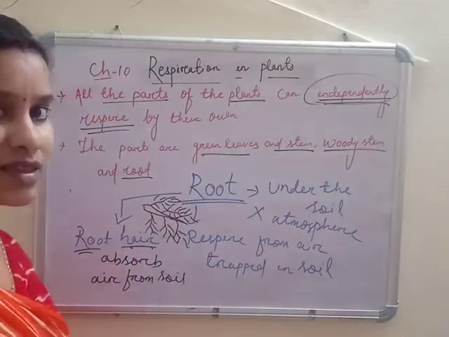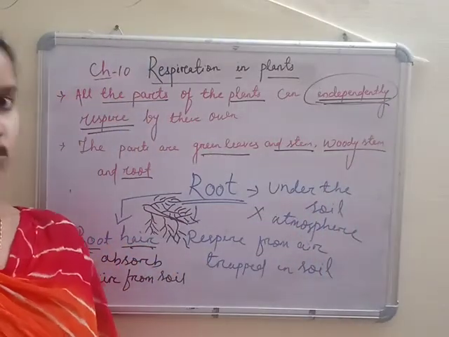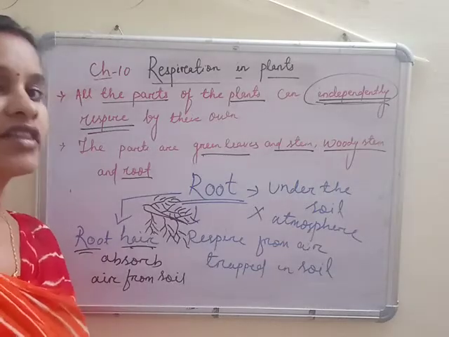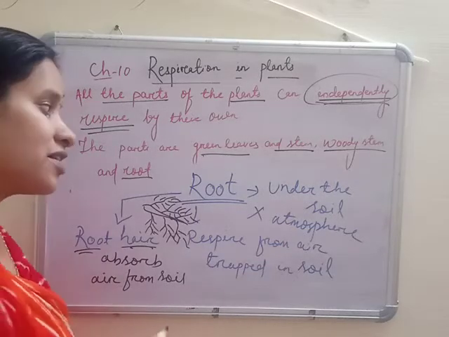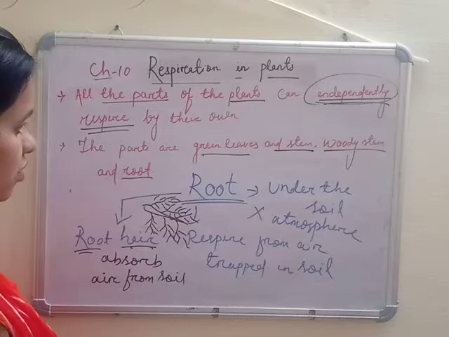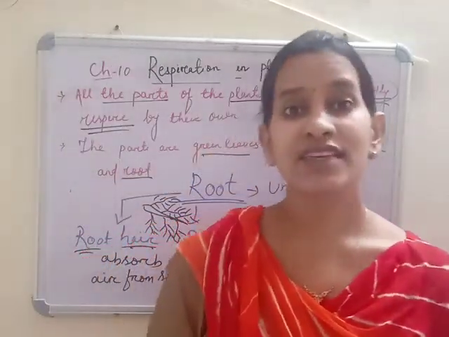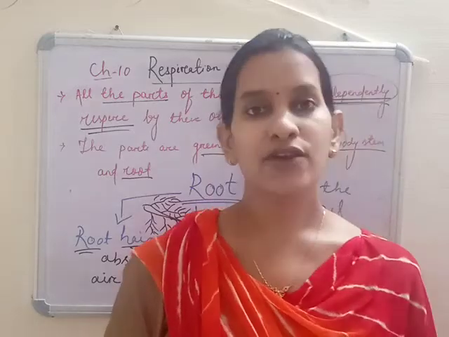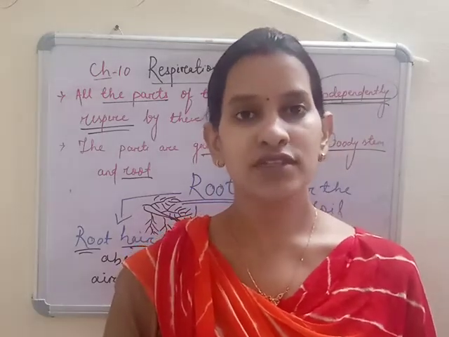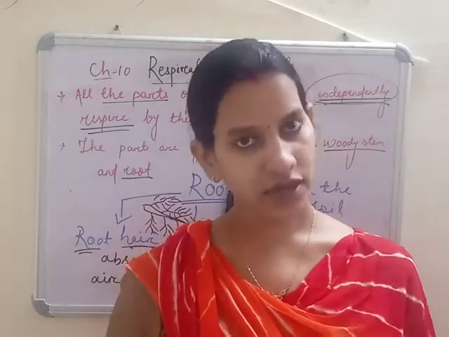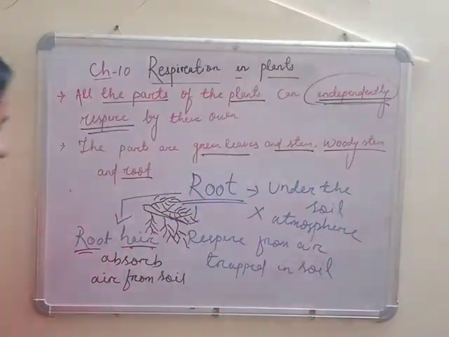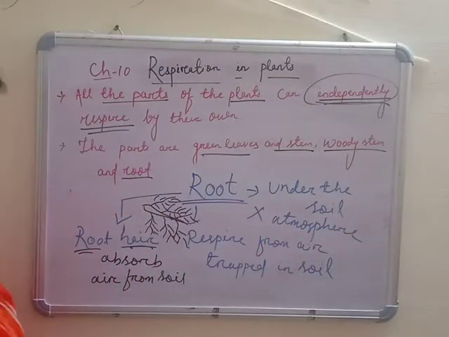People always think respiration in plants only takes place through the stomata, but no, different parts of the plant respire differently. So you have understood: the leaf respires through stomata, the woody stem respires through lenticels, and the root respires through the root hairs. I hope you all understand the respiration process in plants. Thank you.